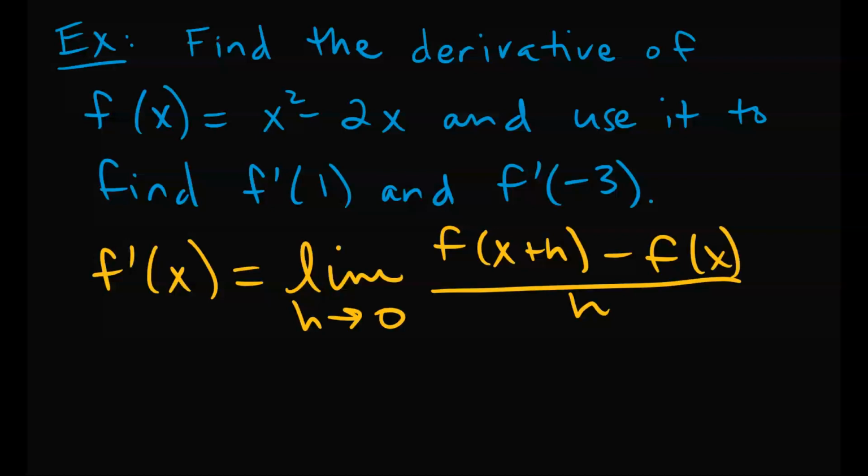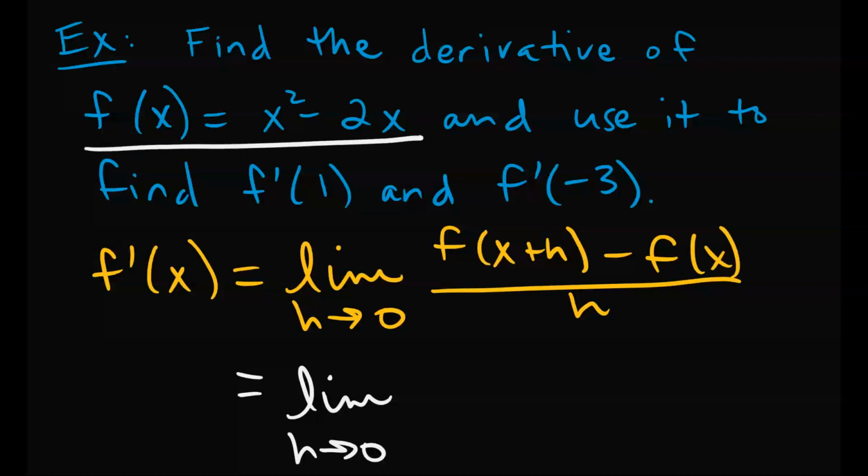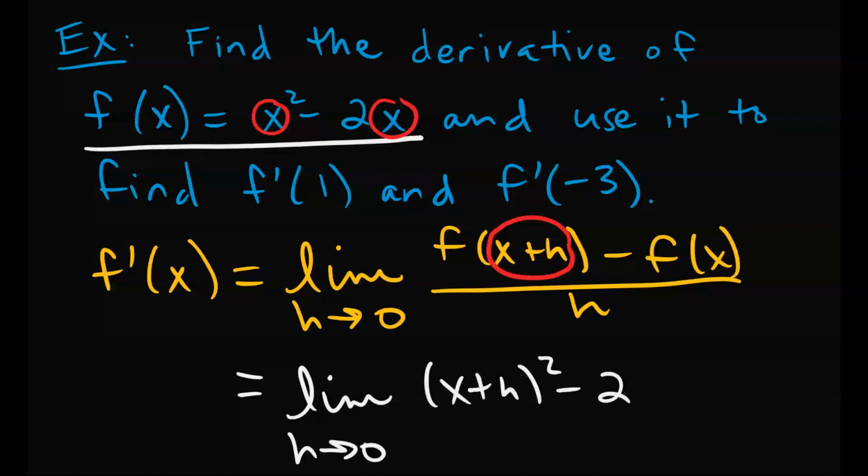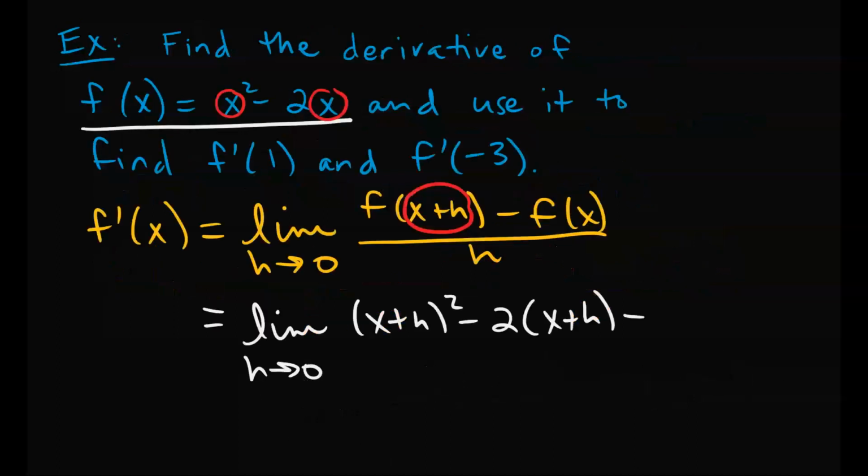All right, so let's now use the value of the function that we're given. We're asked to find this for the function x squared minus 2x. So I'm going to plug x plus h in for each x in my function. So this is (x plus h) squared minus 2 times (x plus h) minus, and I'm going to resize there so this fits.